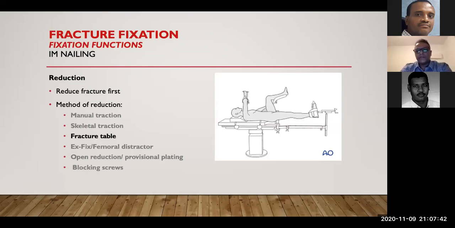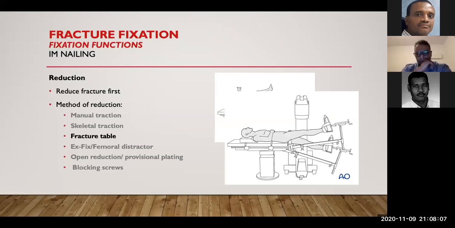The very common thing we use for reduction, especially in our femoral fractures, is fracture tables. You have to understand your fracture table or traction table very well, because there are different positions you can put the patient in. For instance, this is a common position we use for our nailing. However, if you have a multiple injury patient, you don't need to lift the other leg, and you can put it in traction as well.